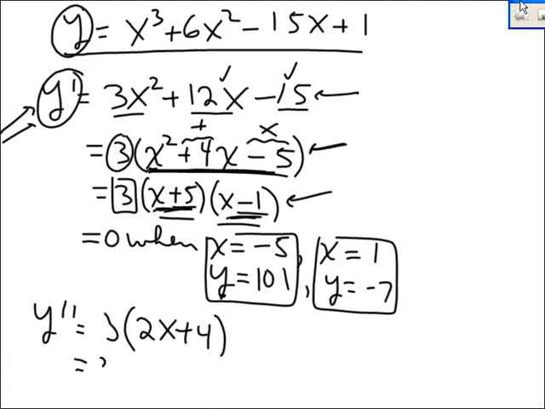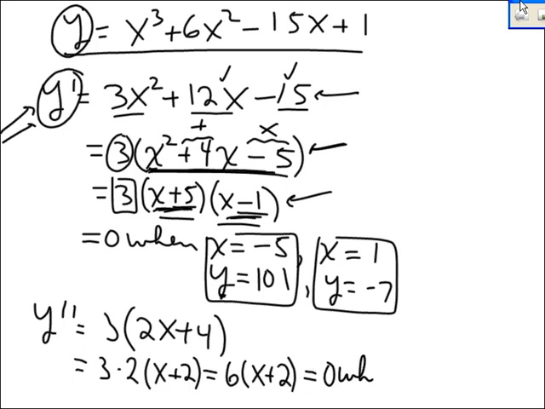But I can factor out a 2 from 2x plus 4: 2 times x plus 2. So this is 6 times x plus 2. And this equals 0 when x is negative 2.